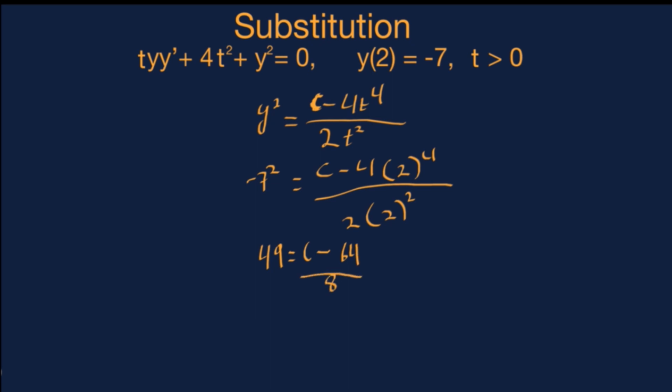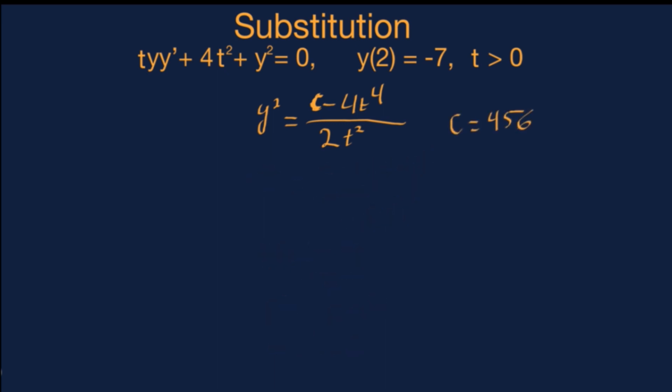And when we multiply 8 to both sides, we get 392 is equal to c minus 64. Finally, when we add 64 to both sides, we get c is equal to 456.